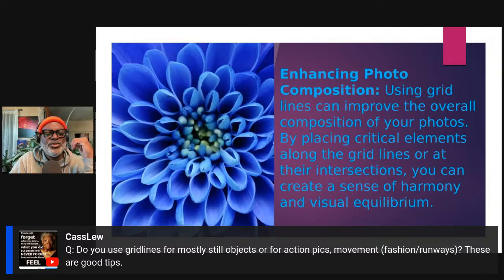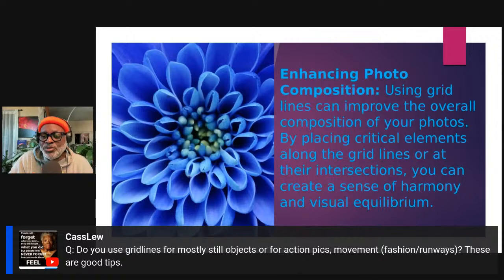Cassandra says, do you use grid lines for mostly still objects or for action pics, movement, fashion, runways? These are good tips, she says. Yes, I use the grid line all the time.